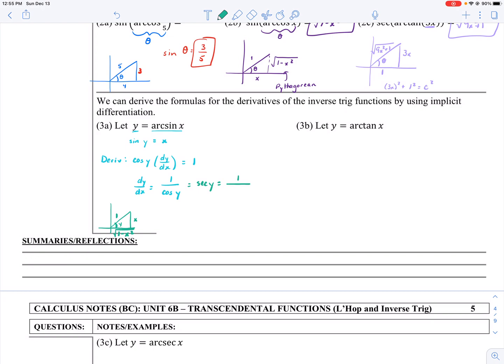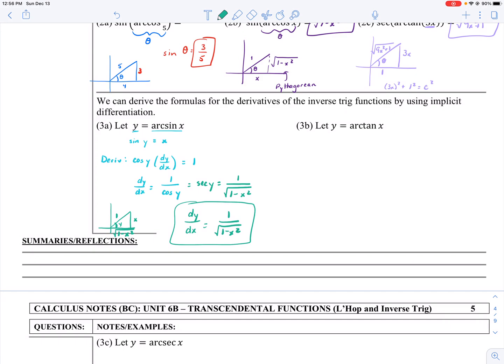So this is going to be 1 over the square root of 1 minus x squared. That is going to be your dy/dx. So your derivative here, you'll notice it doesn't have any trig in it, right? So this isn't the derivative of sine as cosine anymore. This is a completely different situation where we're just looking at our values.